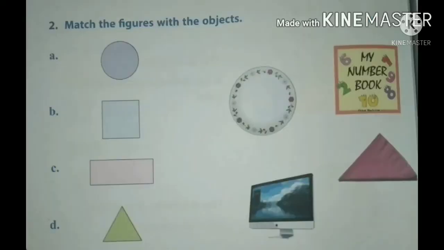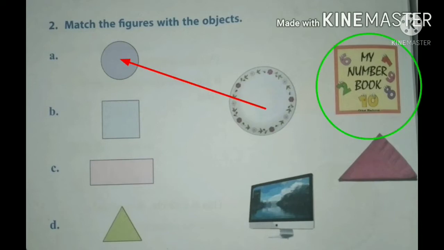Here we have to match the figures with the object. Here you can see 4 shapes and 4 objects. Let us find out the shape of each object. The first one, a plate. See children, the plate is in the shape of circle. So let us join them. The next one, my number book. This book is in the shape of square.